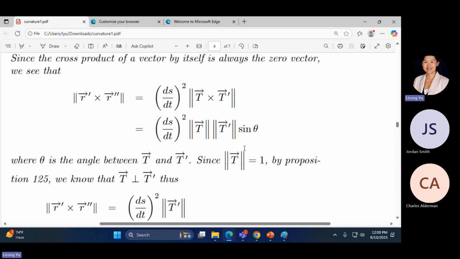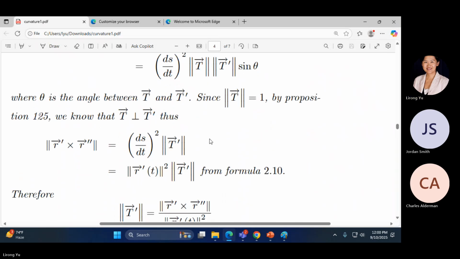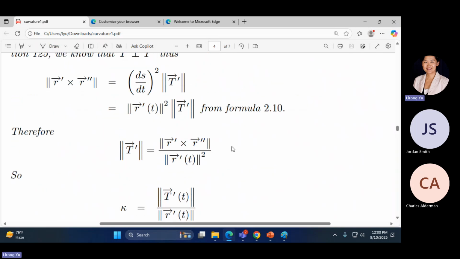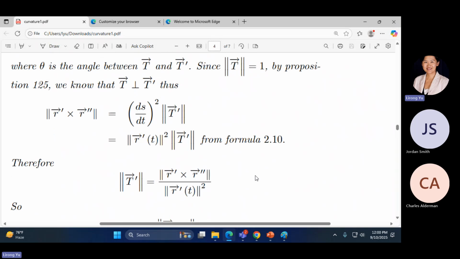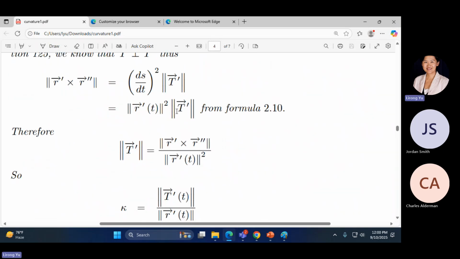And then the ultimate purpose is to calculate the relation of the two, and then we can see this is our K, this is our curvature. So this is basically how it's derived. The magnitude of T prime is the curvature. So the magnitude of T prime equals the cross product divided by the magnitude of R prime squared.